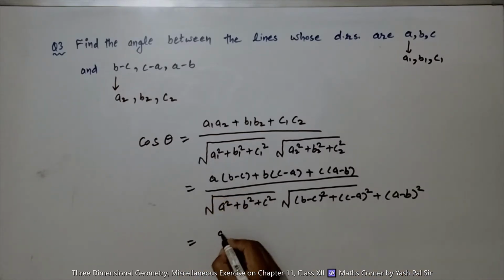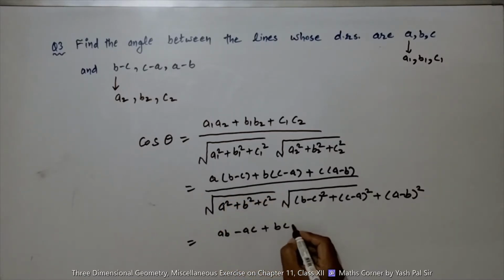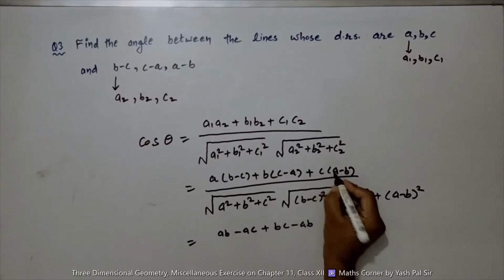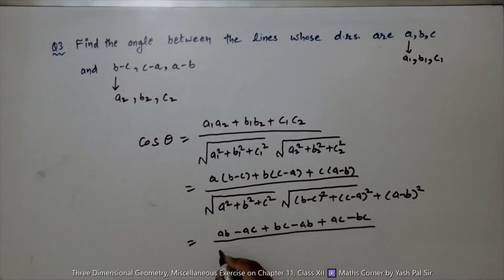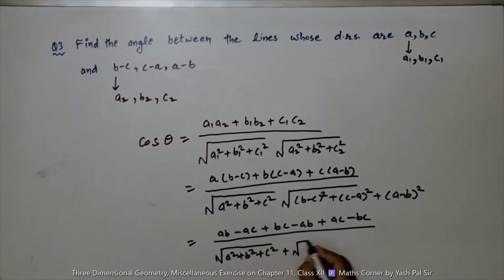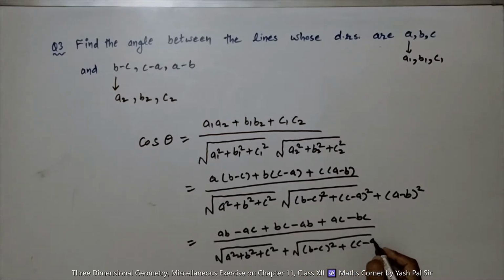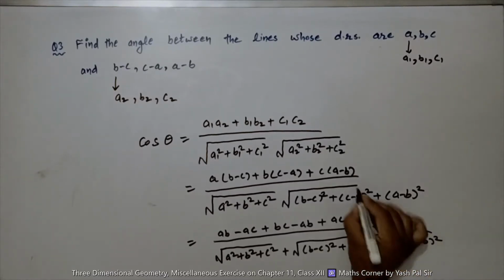This is equal to ab minus ac plus bc minus ab plus ac minus bc. So the denominator is as it is, the square root of a square plus b square plus c square into the square root of b minus c whole square, c minus a whole square, a minus b whole square.